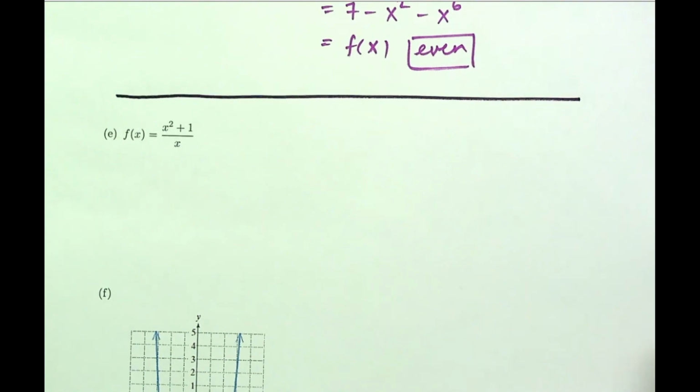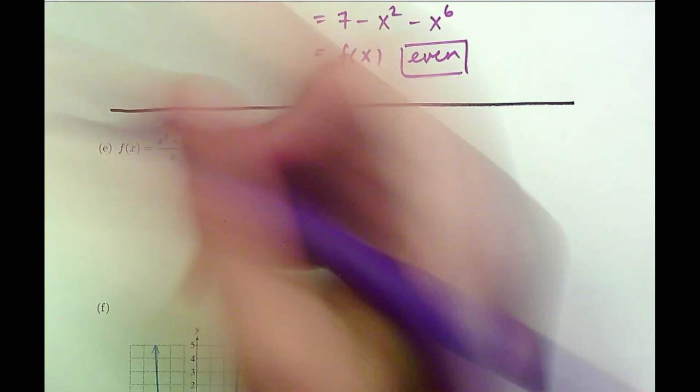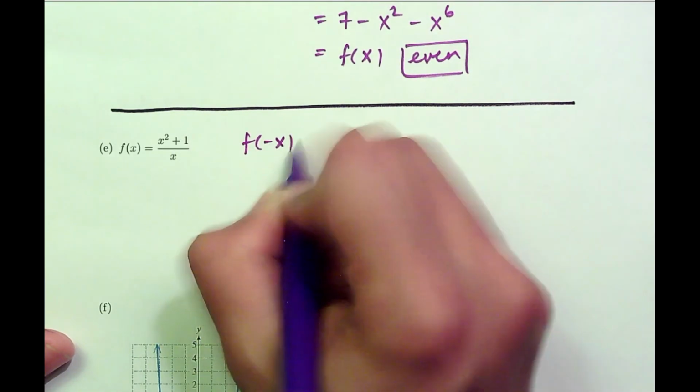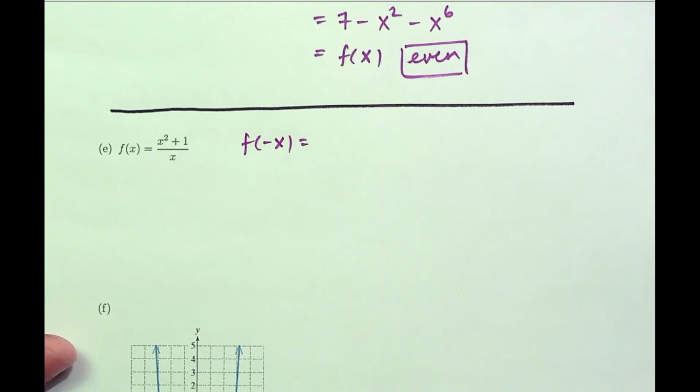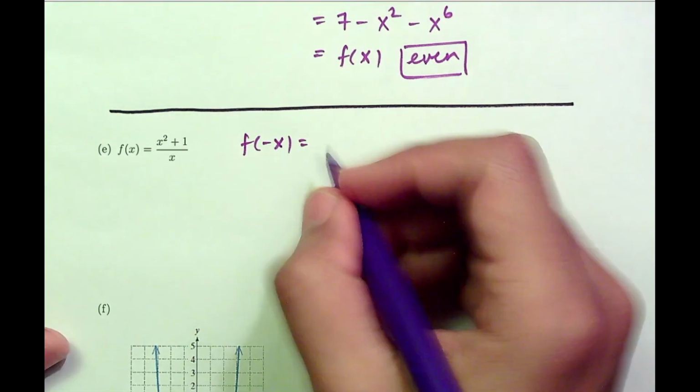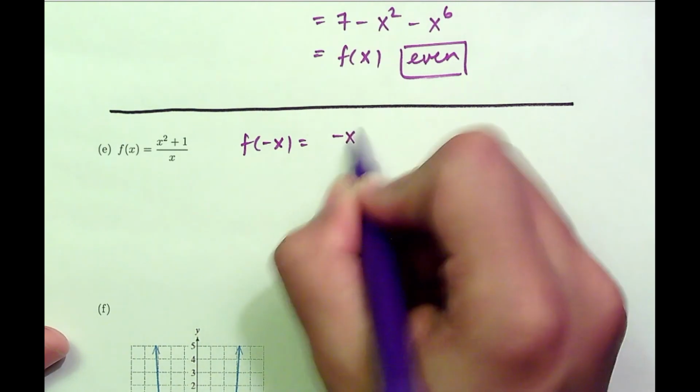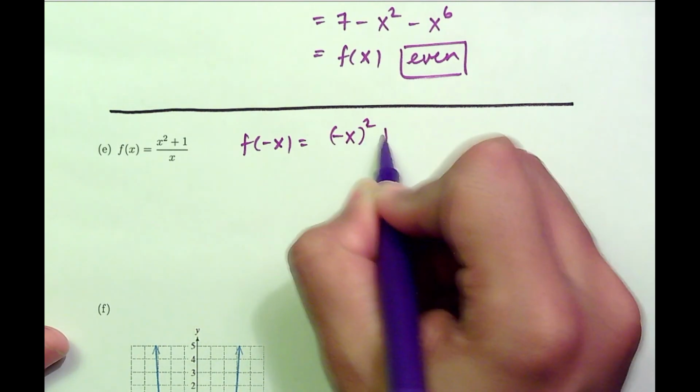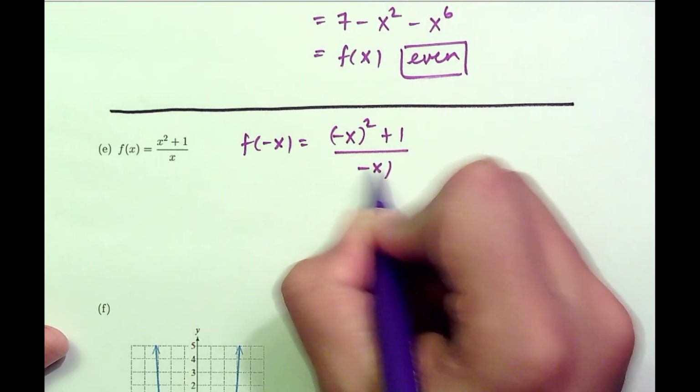Okay, now let's do this one. Now let's plug in negative x, because that's how we always start, regardless of whether we're looking for even or odd. Plug in negative x, so negative x squared plus 1 over negative x.